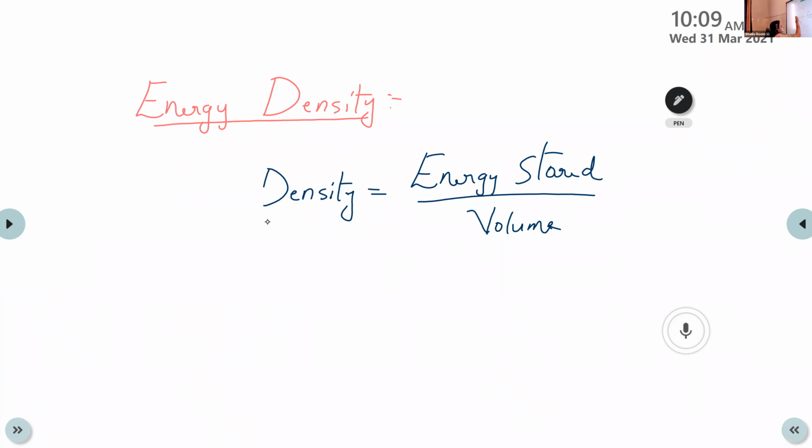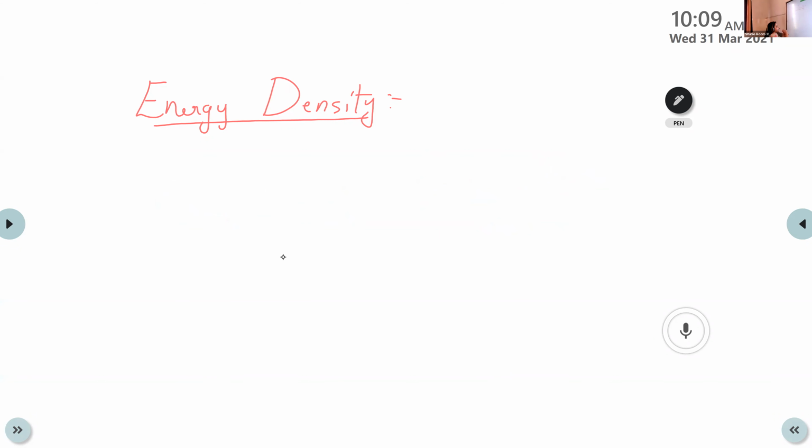Or we can write energy density is equal to, we studied one expression for the energy stored in a capacitor.